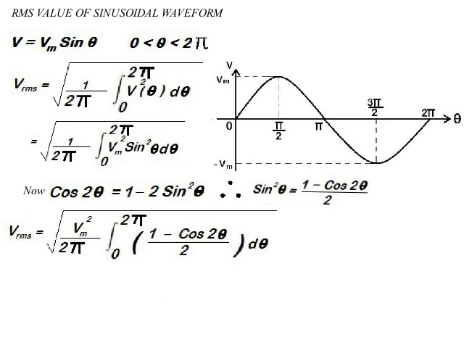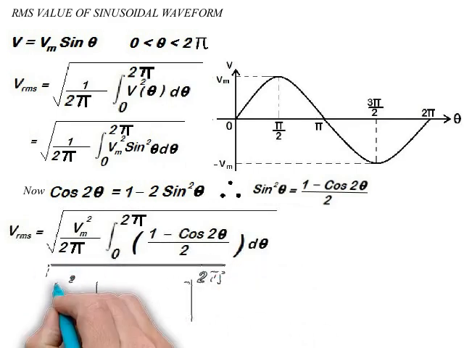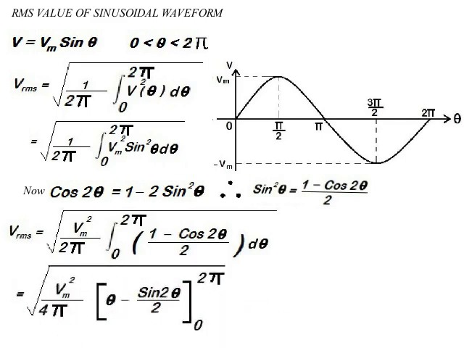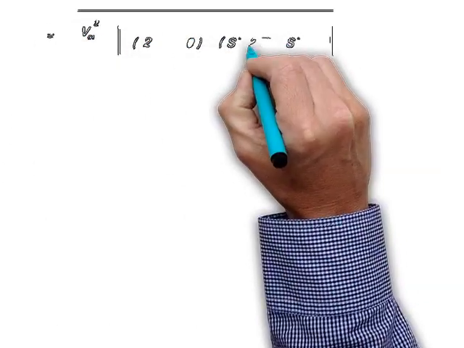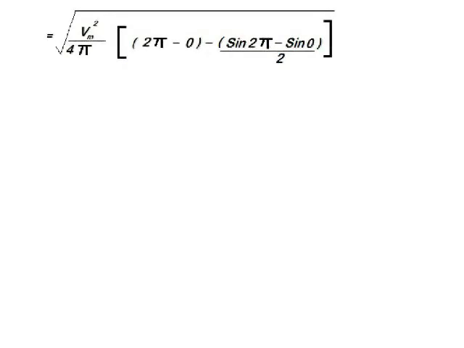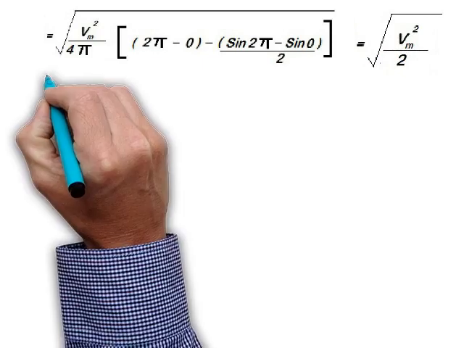So we will integrate it and we will find that it is equal to Vm square by 4 pi [theta minus sin 2 theta by 2], 0 to 2 pi is the limit, which comes to Vm square by 4 pi [2 pi minus 0 minus (sin 4 pi minus sin 0) by 2], which is equal to root of Vm square by 2, which is equal to Vm by root 2.